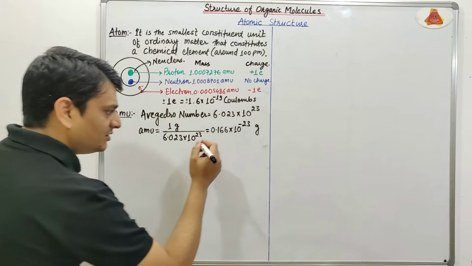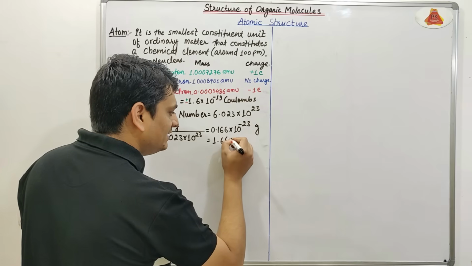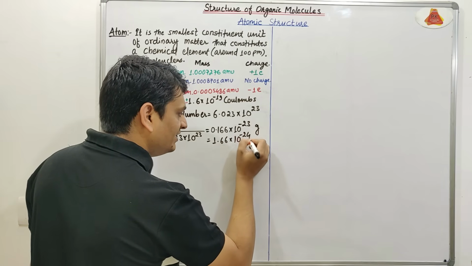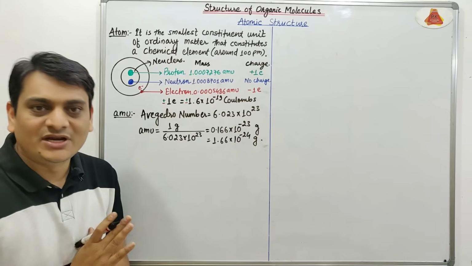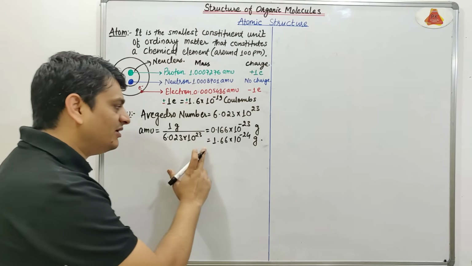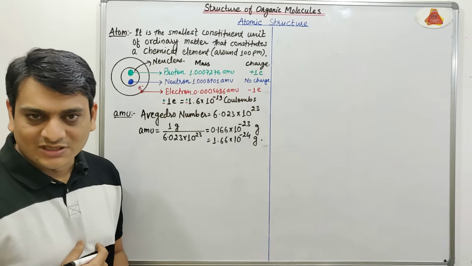And in simple digits we can write it as 1.66 into 10 to the power -24 gram. So this mu is one of the smallest units of mass, equal to 1.66 into 10 to the power minus 24 gram.